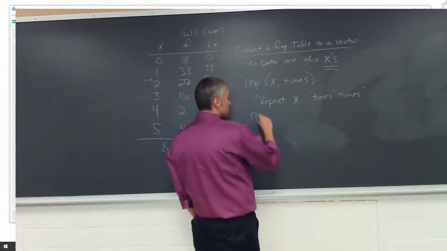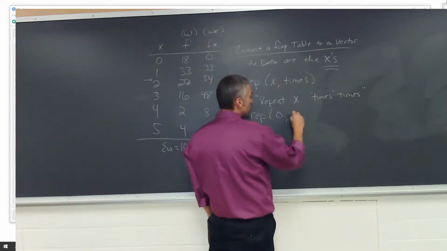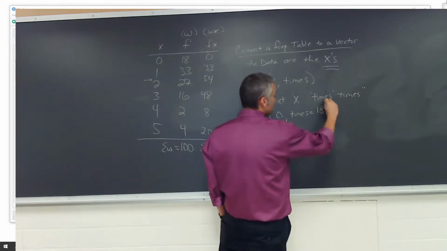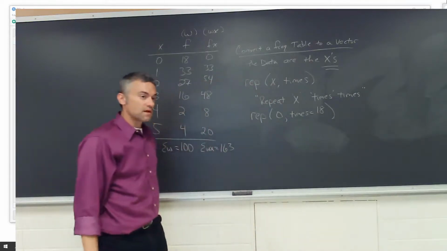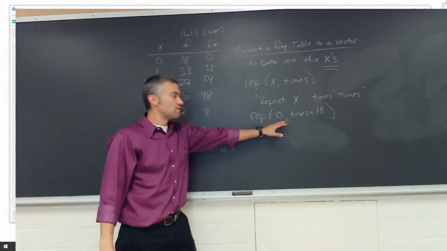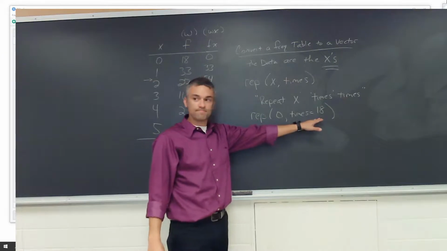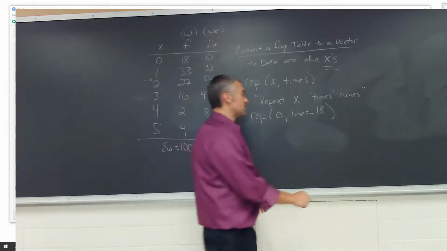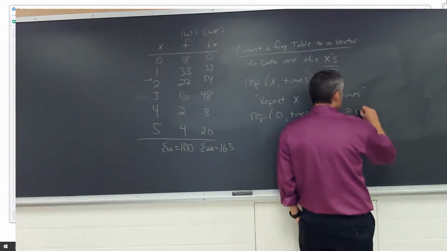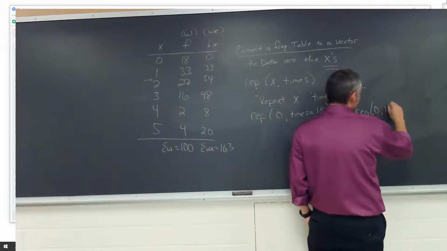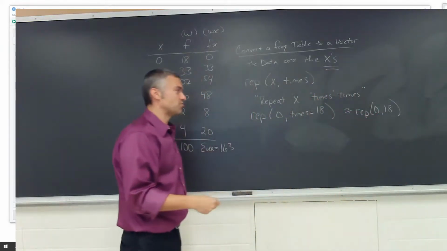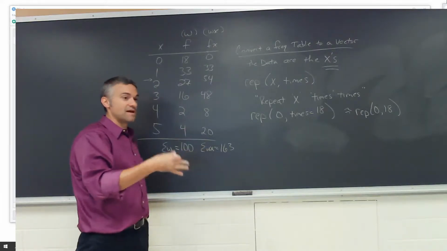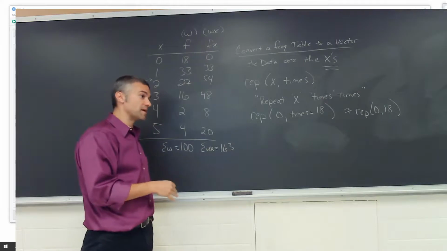We're going to use rep 0, comma times equals 18. What this is going to do is repeat 0 18 times. This is equivalent to rep 0, comma 18. So we don't have to actually write times equals. We can just do x, comma, and then the number of times that we want to repeat it.